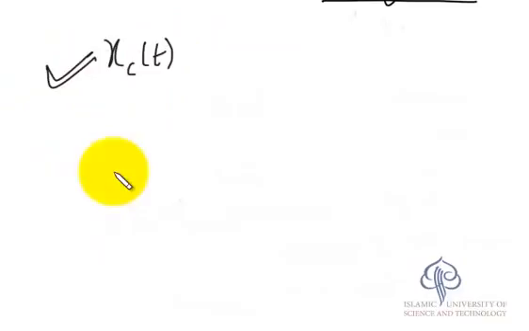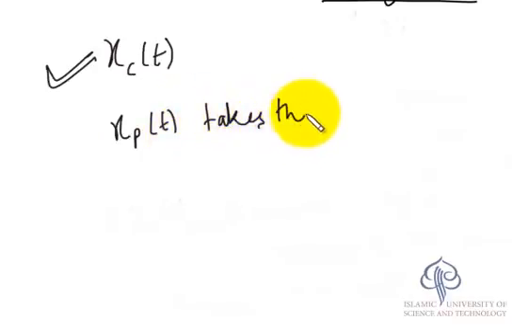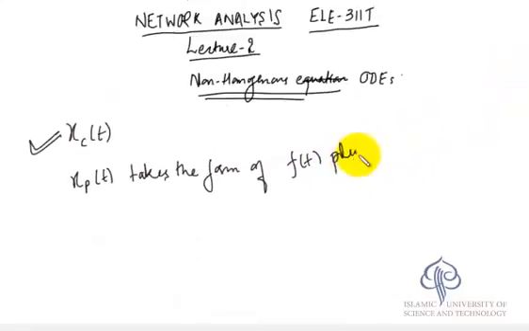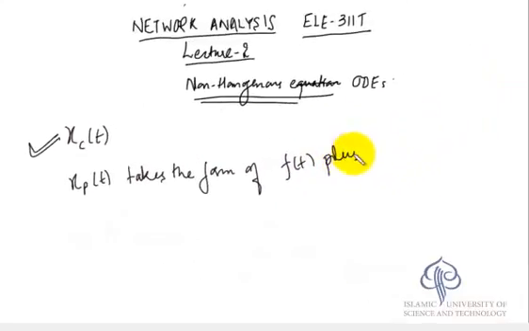This is found by using the method for homogeneous differential equations. For x_p(t), the rule of thumb is that x_p(t) takes the form of the forcing function f(t) plus all its derivatives.